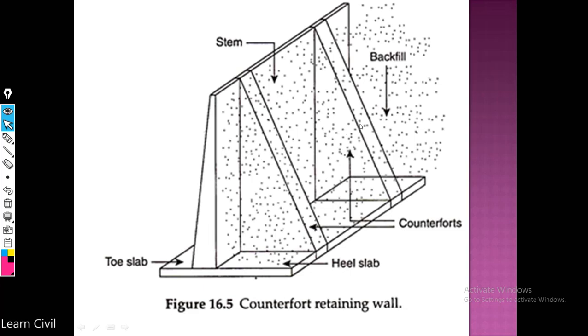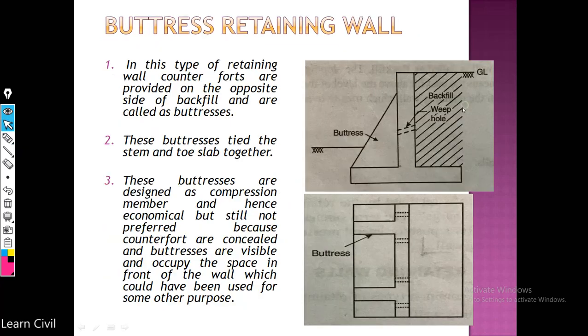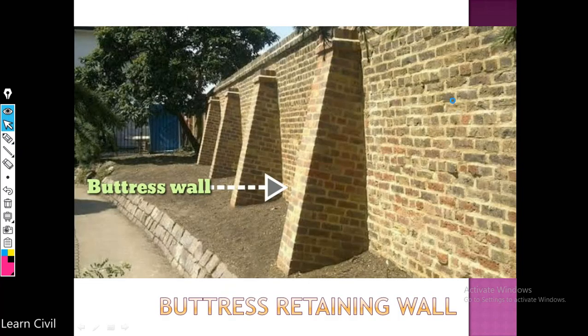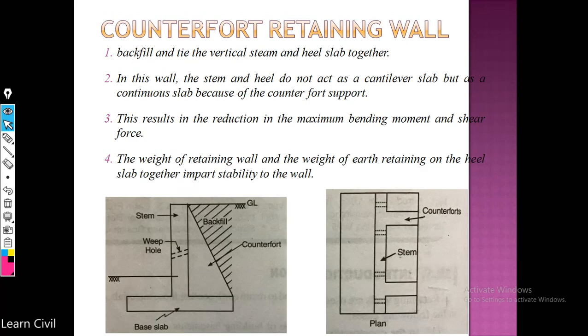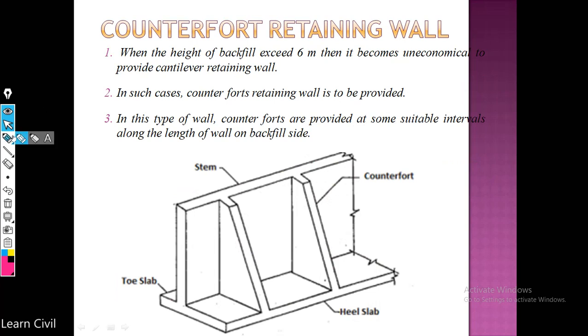You can see here, I think I made some mistake. Sorry. In this type of counterfort retaining wall, in the previous slide I told you that the soil is retained on this side.